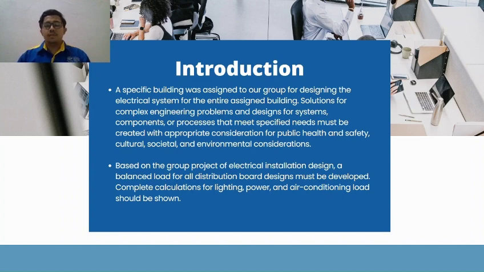This is for assignment 1. For assignment 2, based on the group project of electrical installation design from assignment 1, a balanced load for all the distribution board designs must be developed. Complete calculations for lighting, power and air conditioning load should be shown.